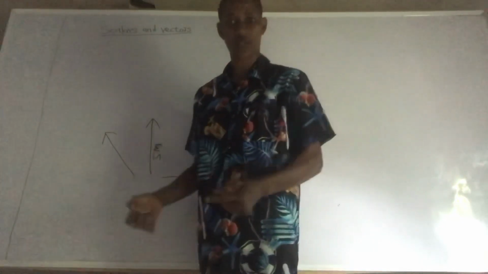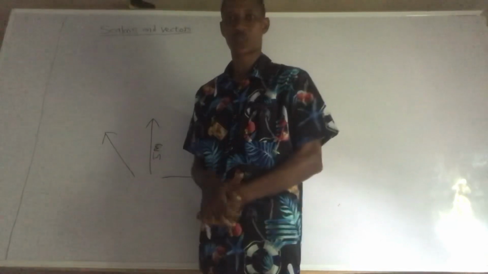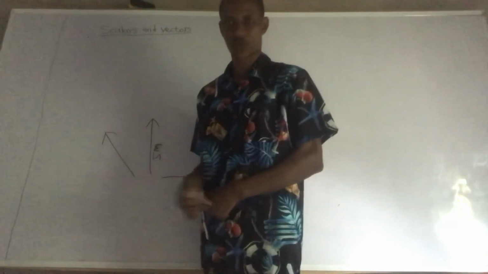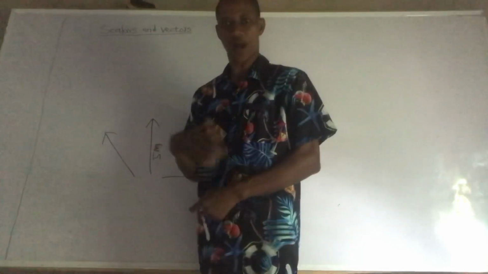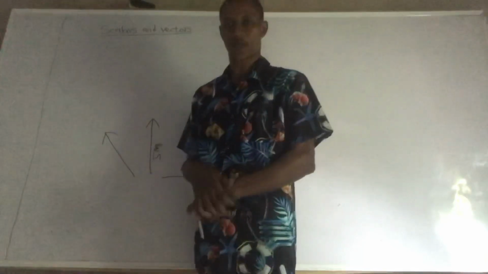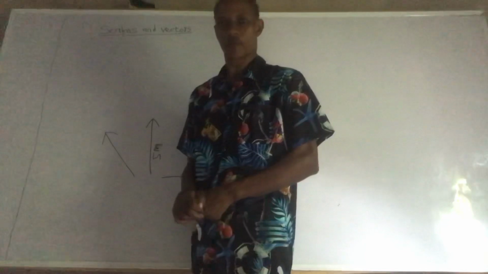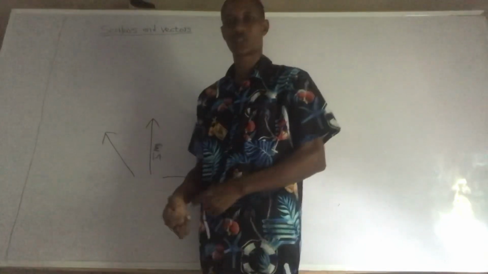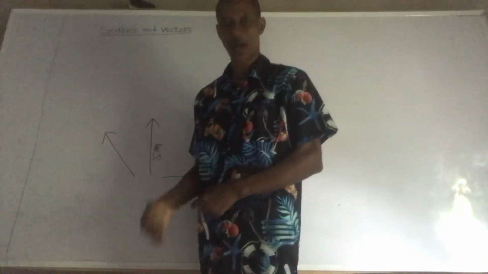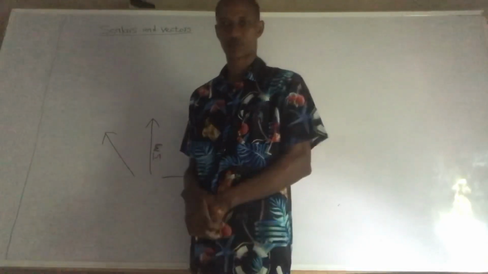You can also be asked to differentiate between scalars and vectors. If you are asked all these questions, what will you say? Now, for the definition of scalars, we say that scalars are quantities that have only magnitude but no direction.